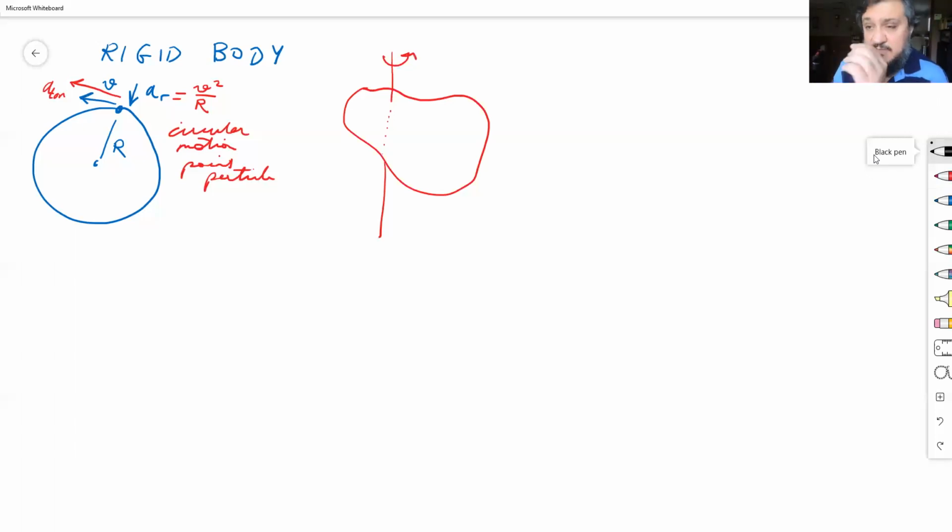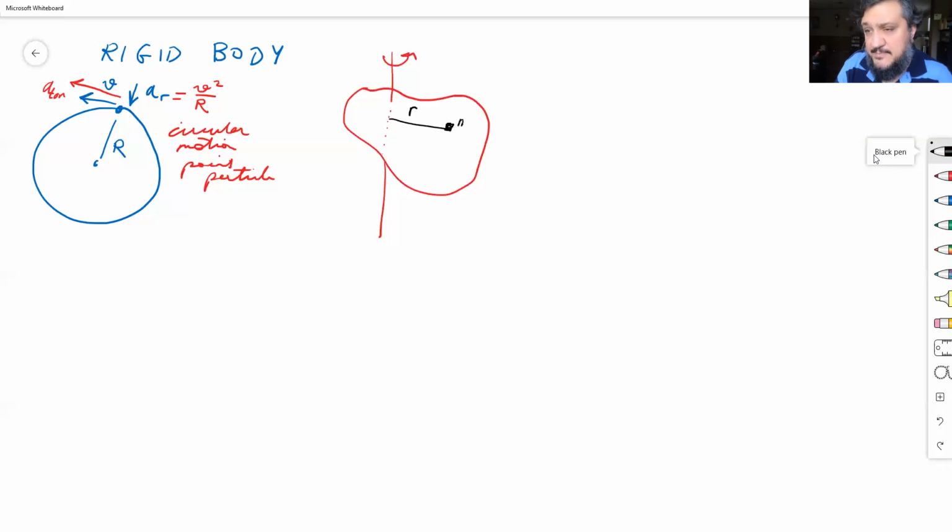Now, consider each tiny element that forms this rigid body. Assume there's a very tiny cube of mass m, and that is, let's say, r away from the center, a very small portion.